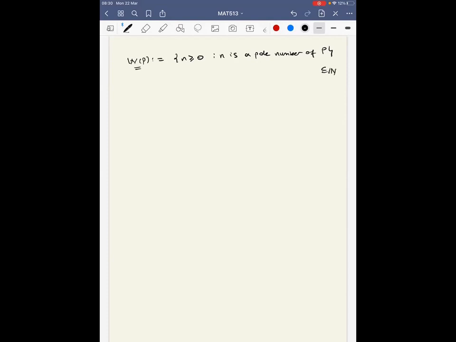Such a subset of the natural numbers, which is also closed under addition, will be called a Weierstrass semigroup. And we can also see that this addition satisfies associativity. So this is why it is called a semigroup.